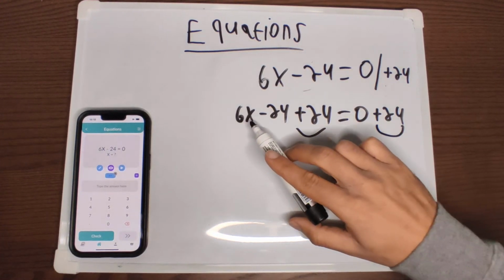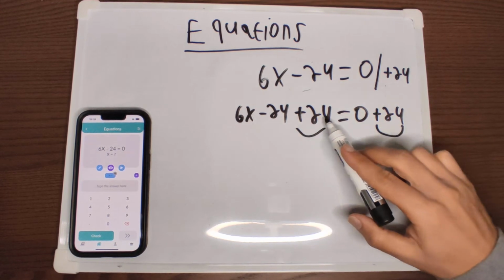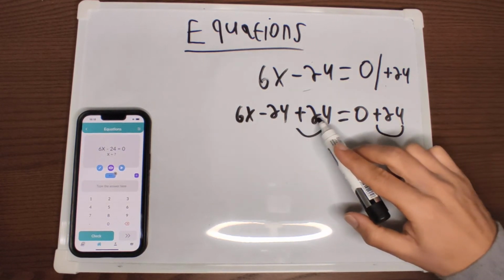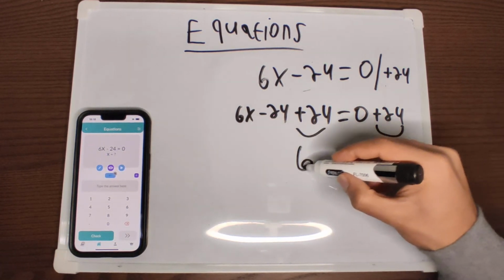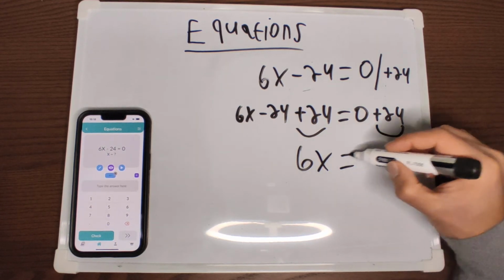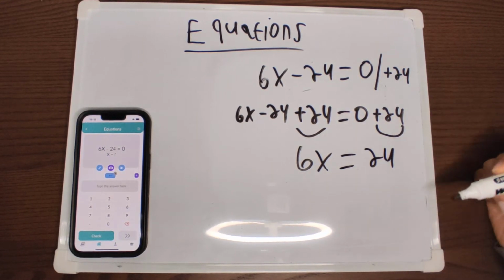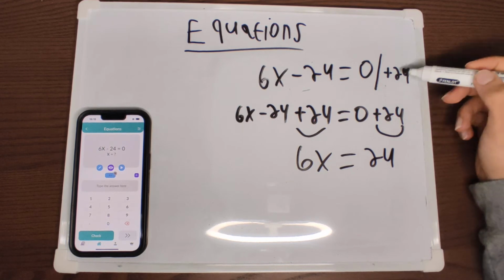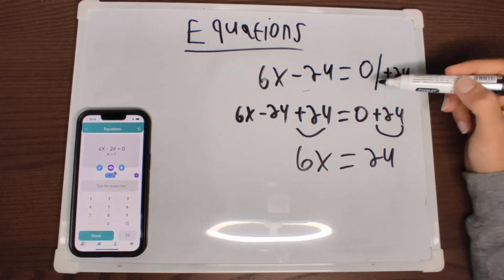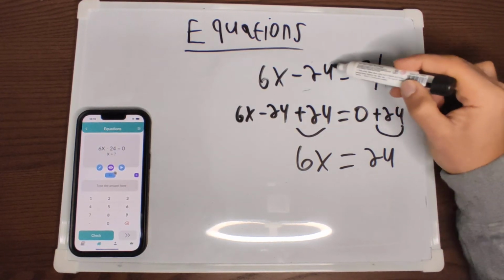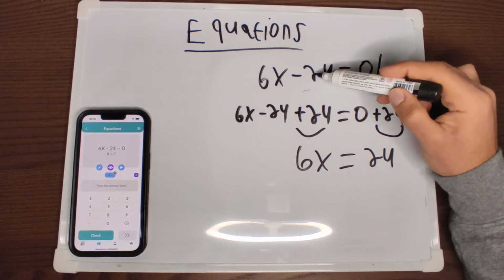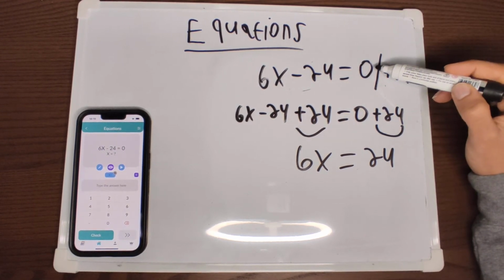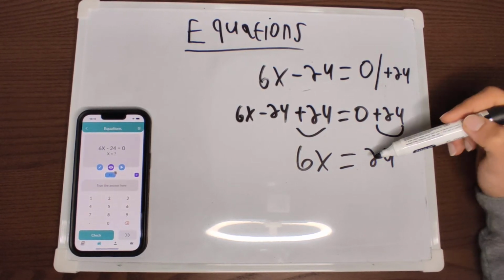So 6x minus 24 plus 24. Minus 24 plus 24 is 0. So we are left with only 6x equals 24. By adding 24 to both sides, I have just transferred this 24 to the other side with the opposite operation.